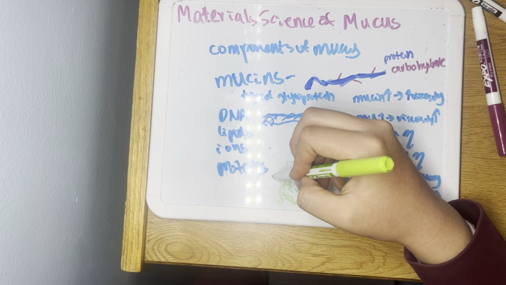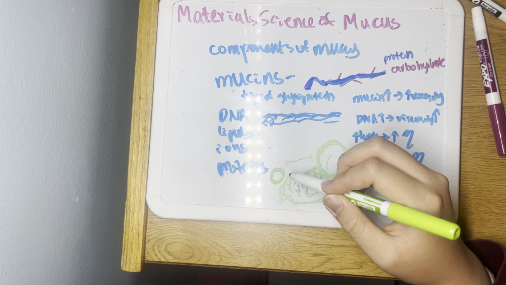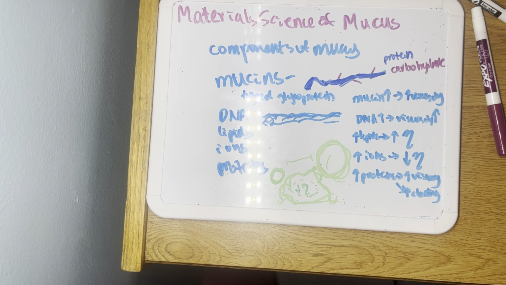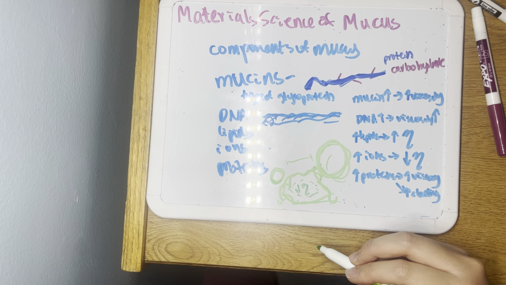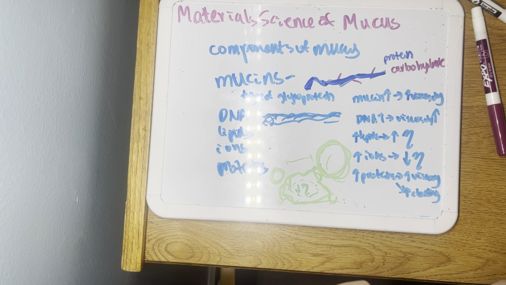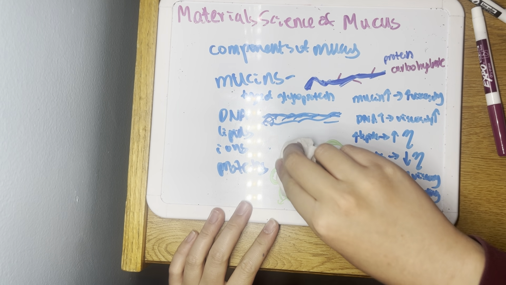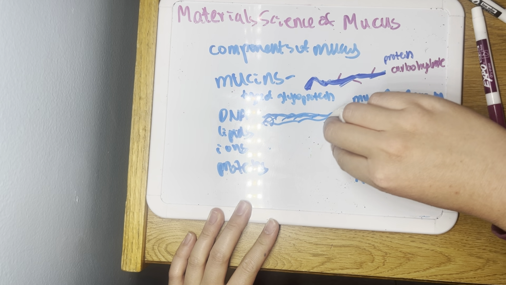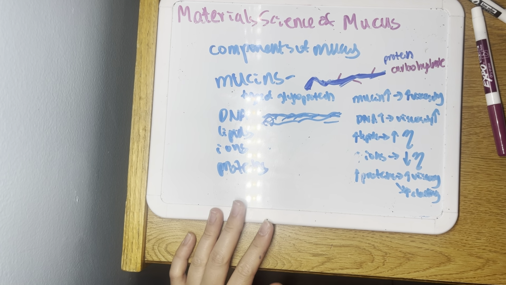But if you have this really small virus, it's able to diffuse through much more quickly. So that's how they were able to find that on the micro scale the rheology is a little bit different, but that's not exactly relevant to what we're talking about next. I just thought it was really cool because I haven't heard about macro and micro rheology before.